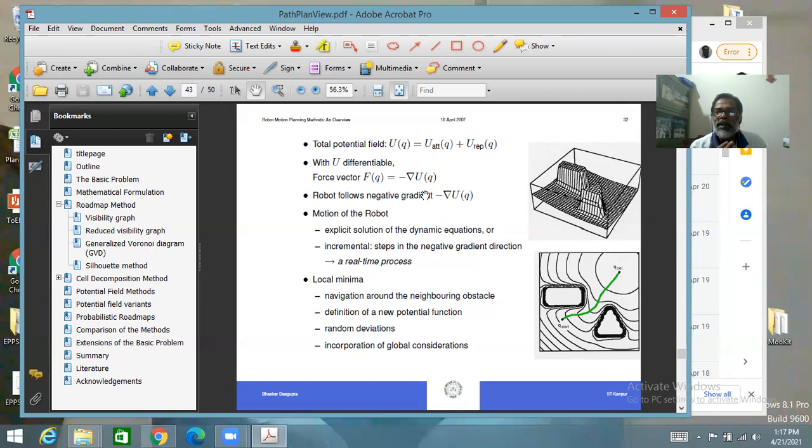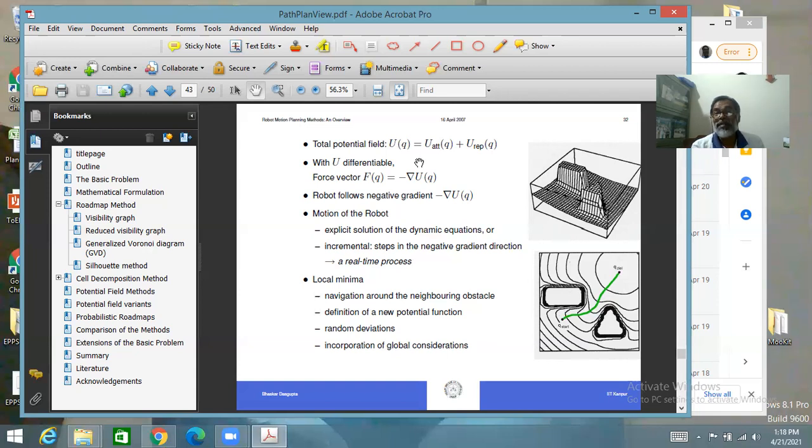And then when it happens that the goal and obstacle, attraction and repulsion, balance exactly, okay, then this gradient will be zero. Because you know that at the stationary point of a function, its gradient is zero. So when those attraction and repulsion fields exactly balance, then this will turn out to be zero. And at that point, the potential function will have a stationary point, okay, and perhaps a local minimum.